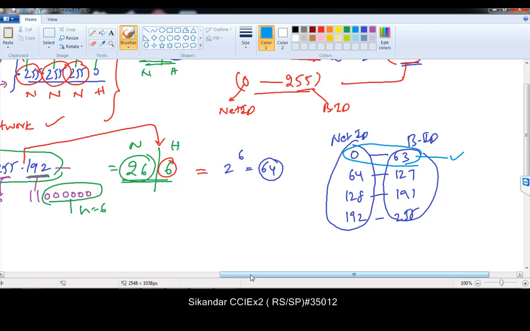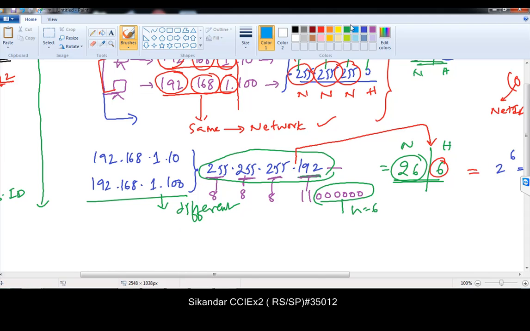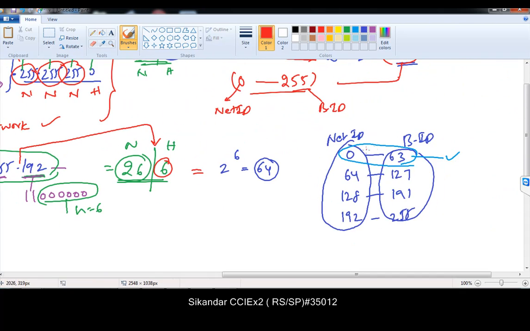So whenever I write 192.168.1.10, if you come down to our example, for one device I'm writing 192.168.1.10 with a subnet mask of 255.255.255.192, which means 10 falls in this range, so as per this subnet mask, 0 is the network ID and 63 is the broadcast ID. The device says anything coming in between 0 to 63 belongs to my network.